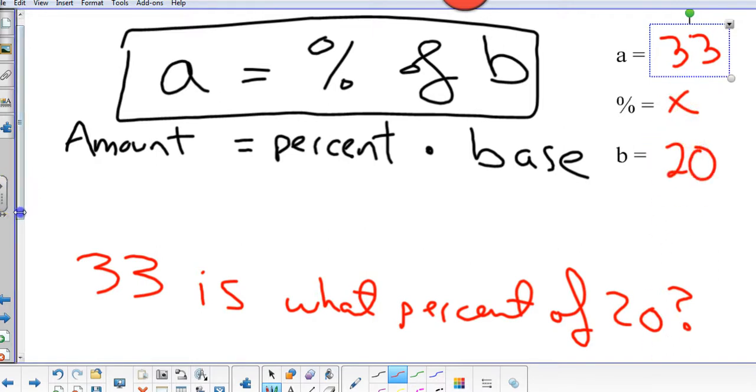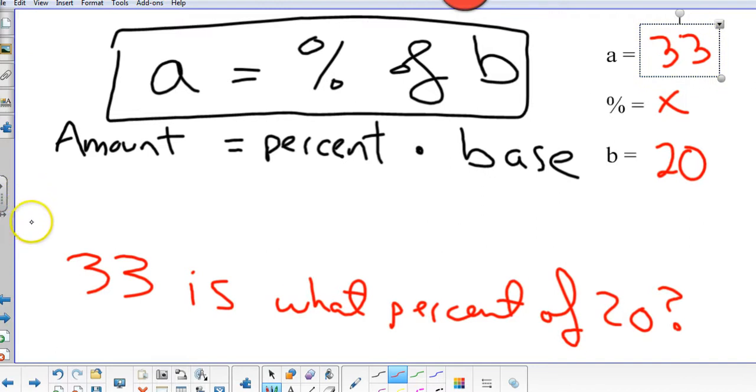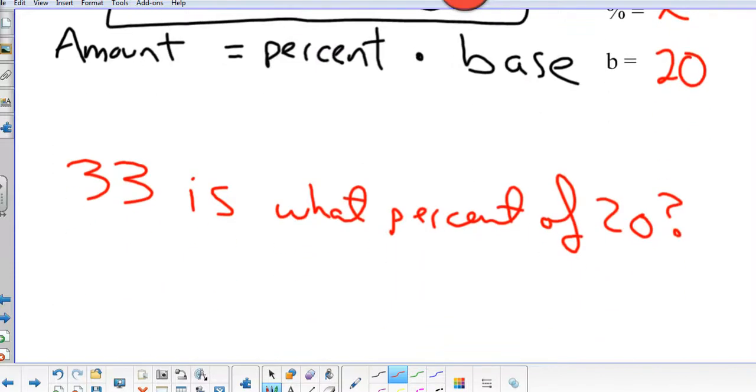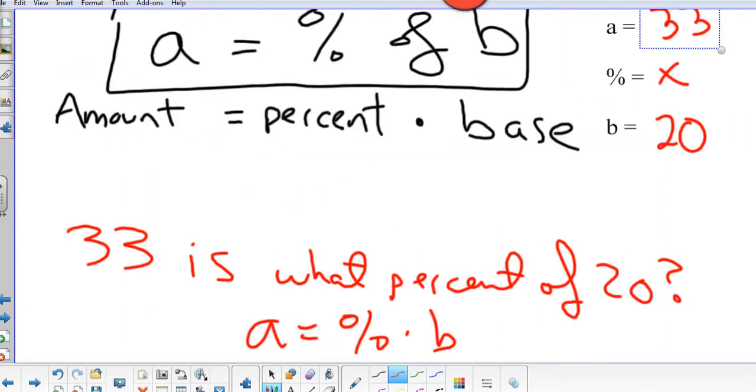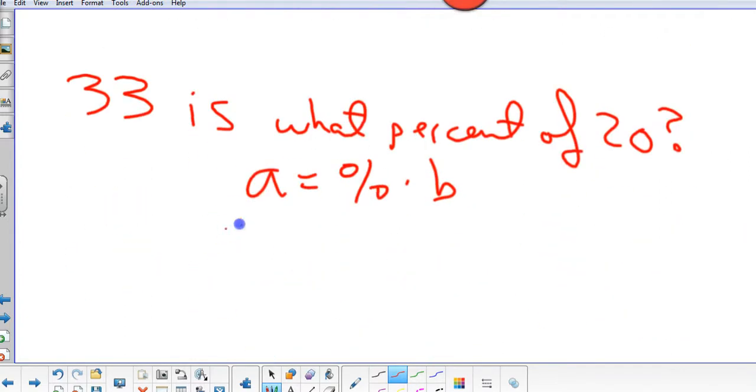So amount equals percent times base. If I go back and look, A is 33, percent is x, and the base is 20. Then solve this equation.